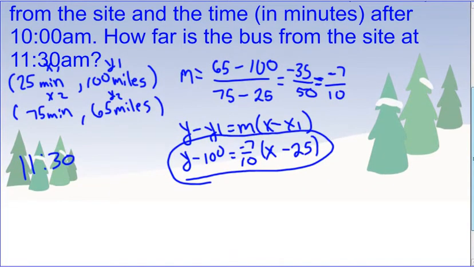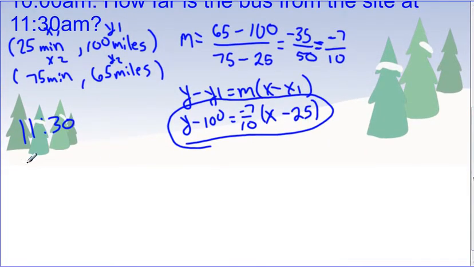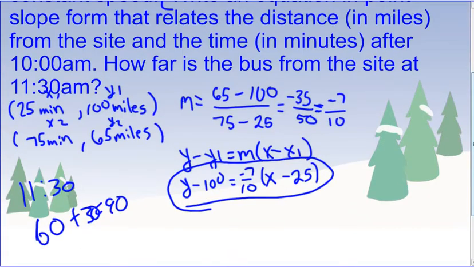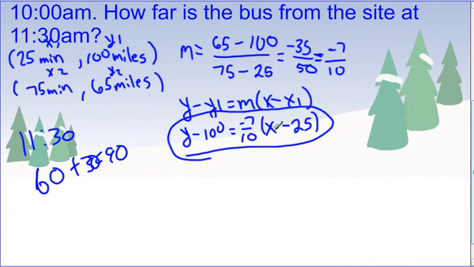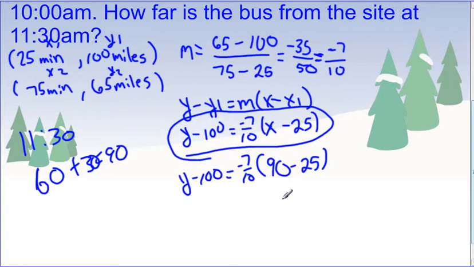It'll be 1 hour and 30 minutes, which is 90 minutes. Minutes is our x value, so x is 90.